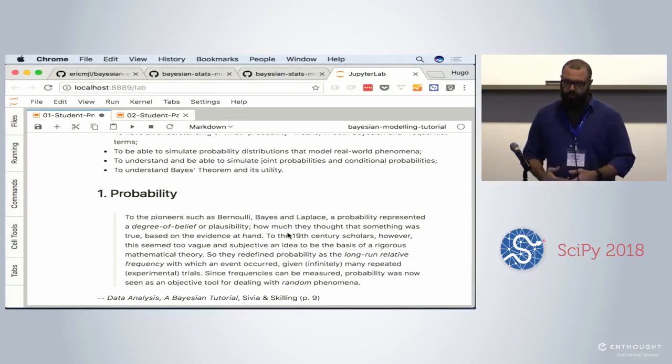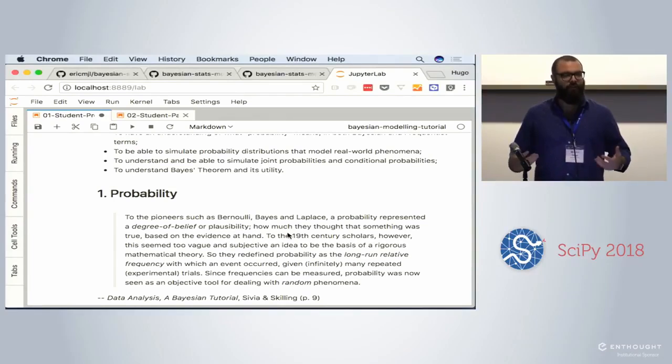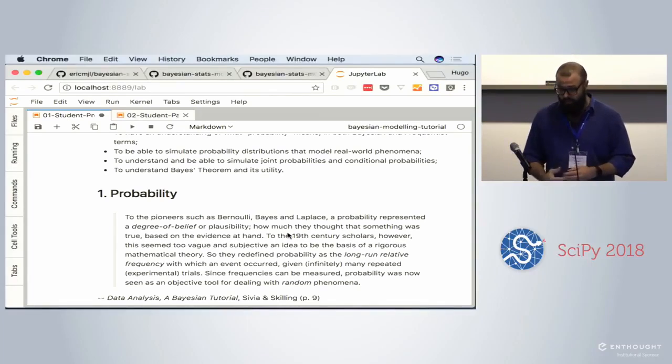Several hundred years ago, Reverend Bayes, among other people, actually thought about probability in terms of how certain we are about particular things, the degree of belief we have about, let's say, the rate of prevalence of a disease, or the bias associated with flipping a coin, which are two examples that kind of equate to the same things, as we'll see in a lot of ways.